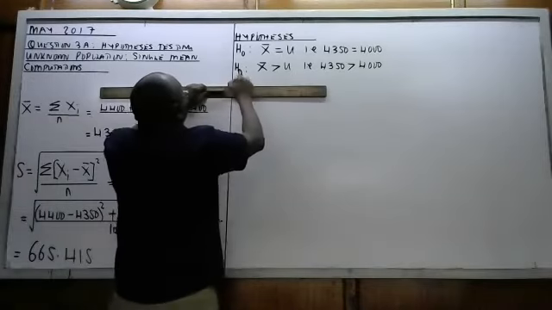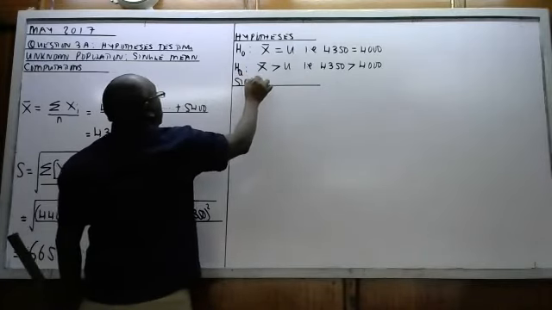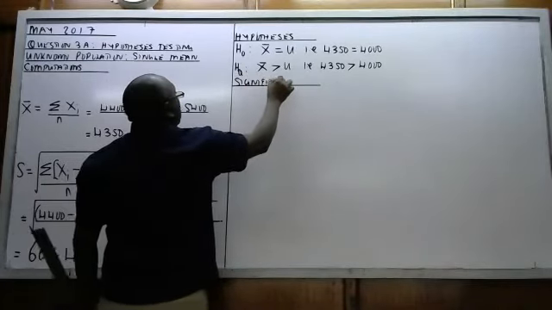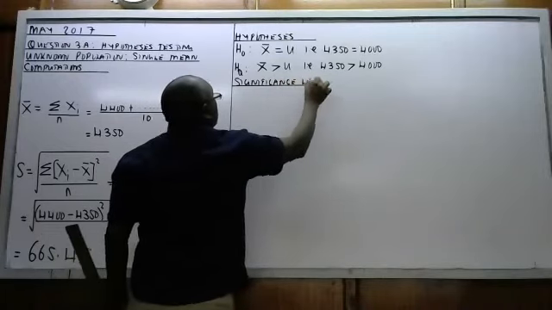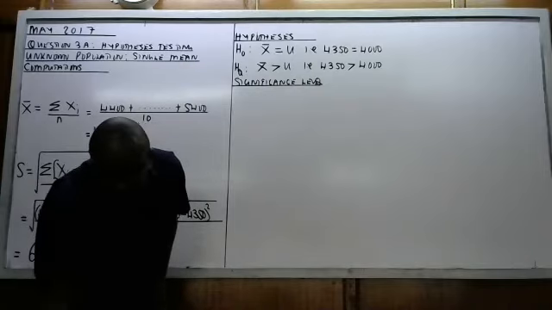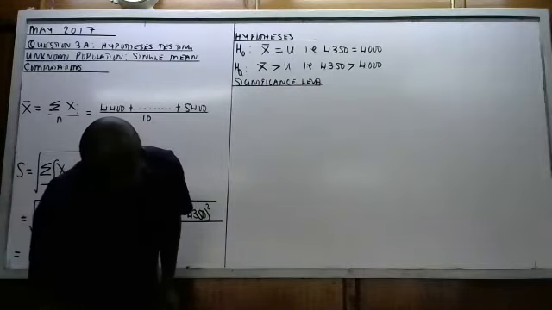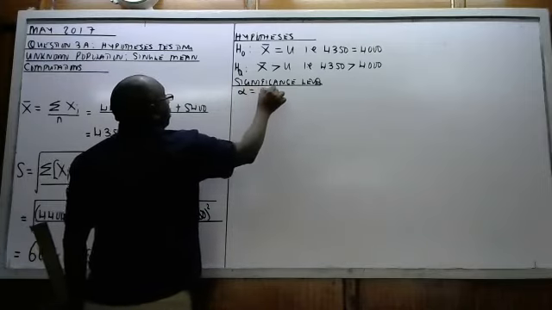Step number 2 is significance level. Significance level, we are told to test at 95%. So alpha is 0.05.